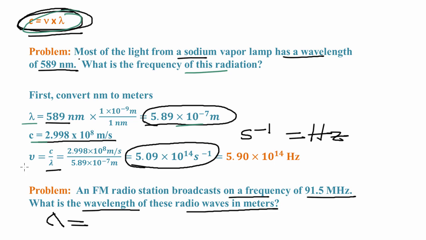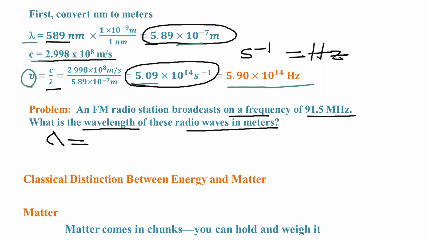Then we have C, and then the frequency, we solve for frequency, and that's equal to C divided by the wavelength. And we go ahead and perform that calculation. We end up with 5.09 times 10 to the 14th reciprocal seconds, which is the same as 5.09 times 10 to the 14th hertz.